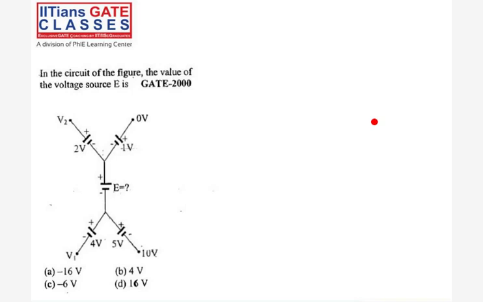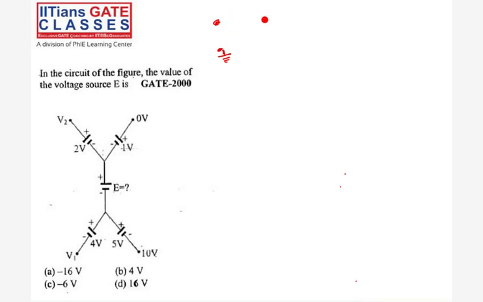So what we do again, see, if I say the voltage of a node is 10 volts, what that means is it is plus 10 volts with respect to ground. So with respect to ground, the voltage here is 10 volts. That is what it means.